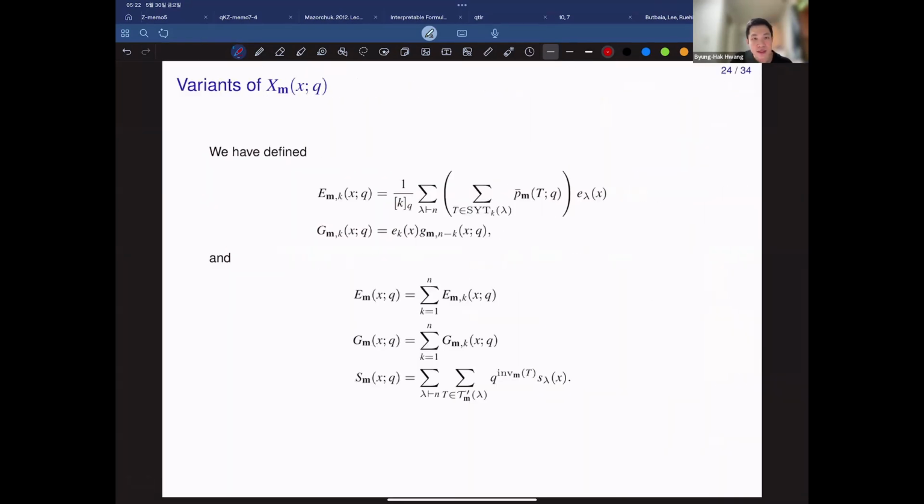Then, as a summary, we have defined the following variants of chromatic quasisymmetric functions. The first one from Hikita's work, the second one from Abreu-Nigro's result, and the last one from the Schur expansion.